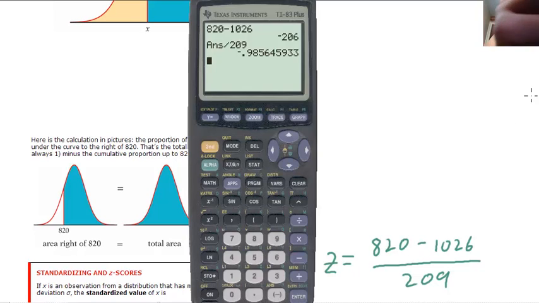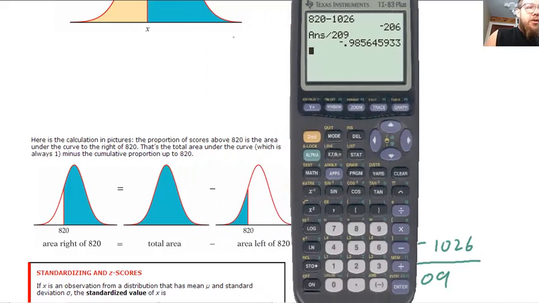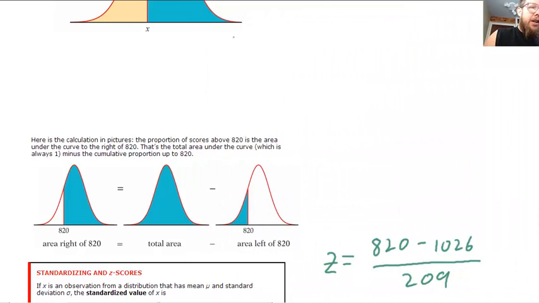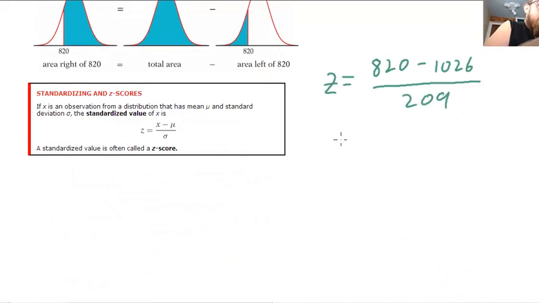So we get a z-score of negative 0.985. We're going to use two digits, so we round that to negative 0.99.